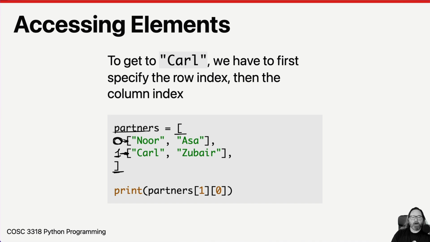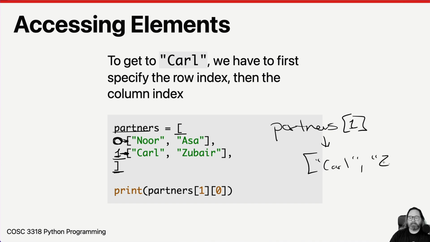So partners 1, when I type partners 1, that returns the list that has Carl and Zubair in it. Once I have partners 1, now I want this first element right here, the 0 index. So I would add another 0 onto there just to get Carl out.